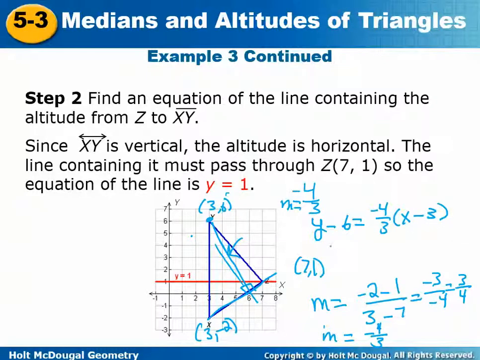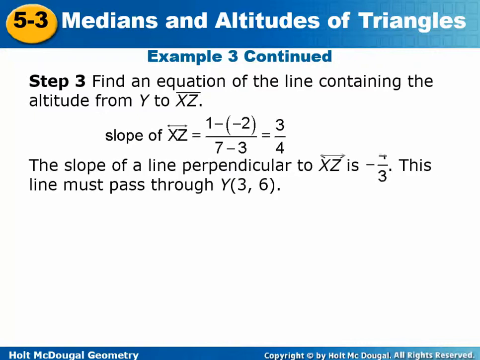I'm going to write it in slope-intercept form though. So I'll just multiply this through. That -4/3 times -3 would be 4. And then I'll add 6 to both sides. So I get y equals -4/3 x plus 10. That's the equation of this blue line again. Okay, let's write it out here.